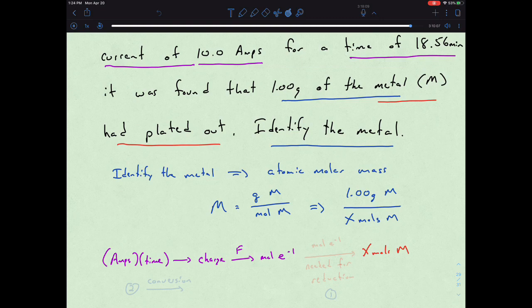What we have to figure out is how many moles are needed for the reduction. So we can really think about this as two steps. One is we're figuring out, okay, how many electrons do we actually need for the reduction? And then two would be just our conversion to get to moles of metal.